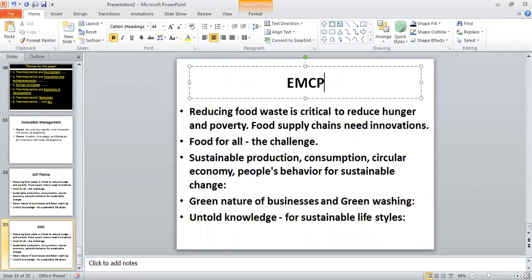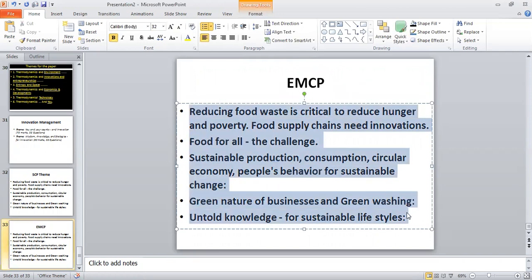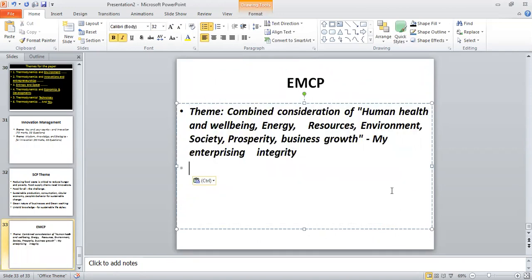Subject is this, one of the themes: my enterprising integrity. So we are testing your knowledge on this. This paper was moderated by a senior professor.